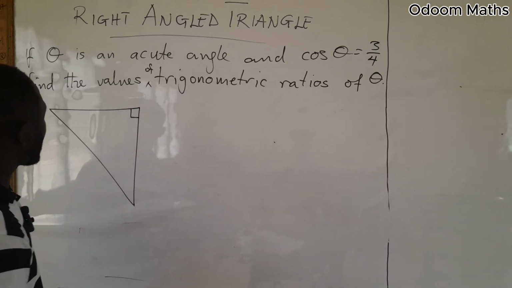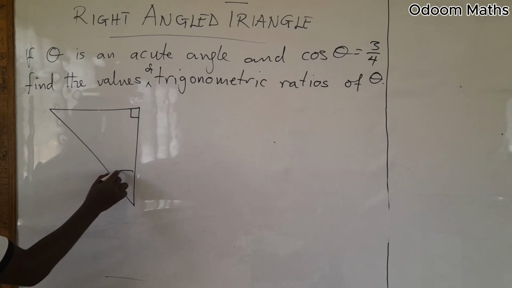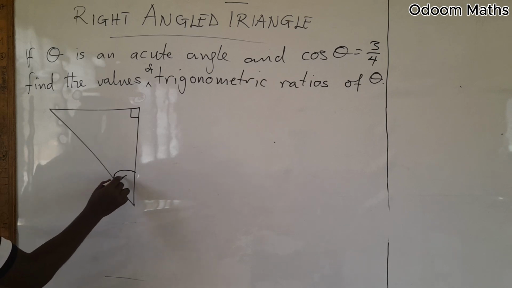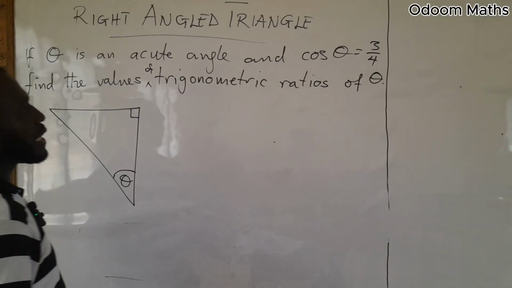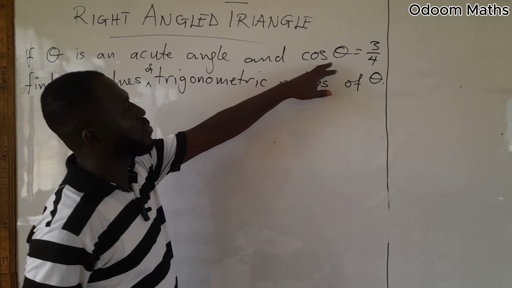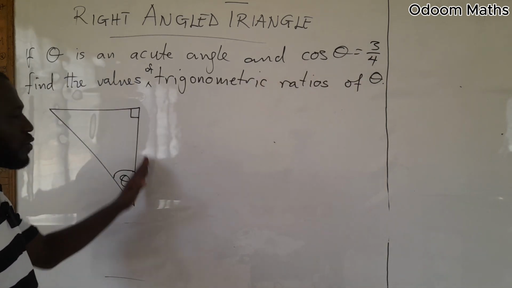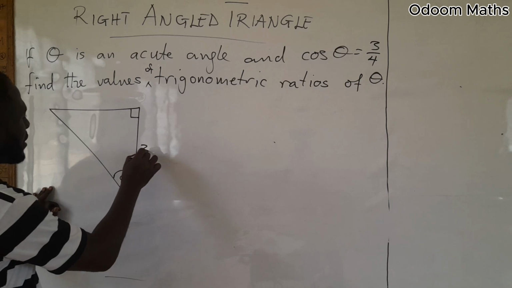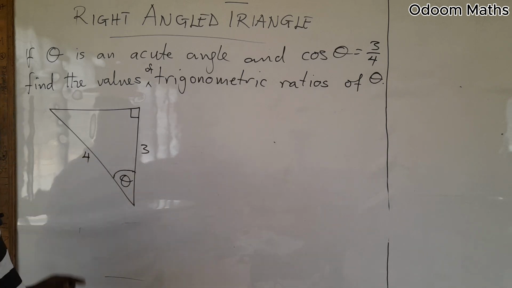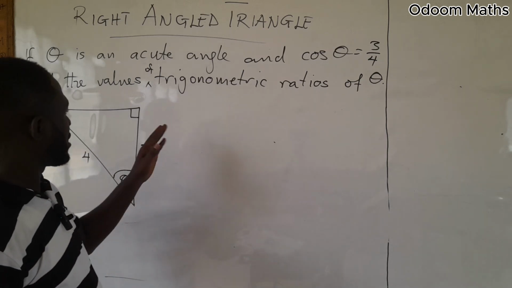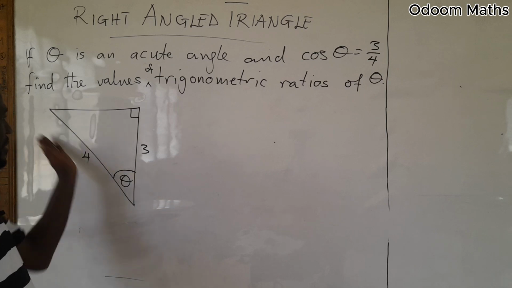Now let me put theta here. We are told that cos theta is equal to 3 over 4, and cos is adjacent over hypotenuse. So 3 over 4, because it is adjacent over hypotenuse.